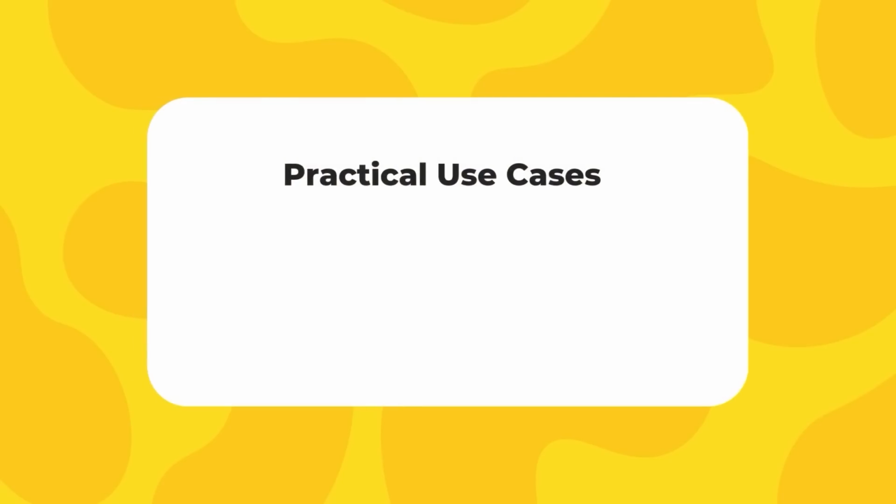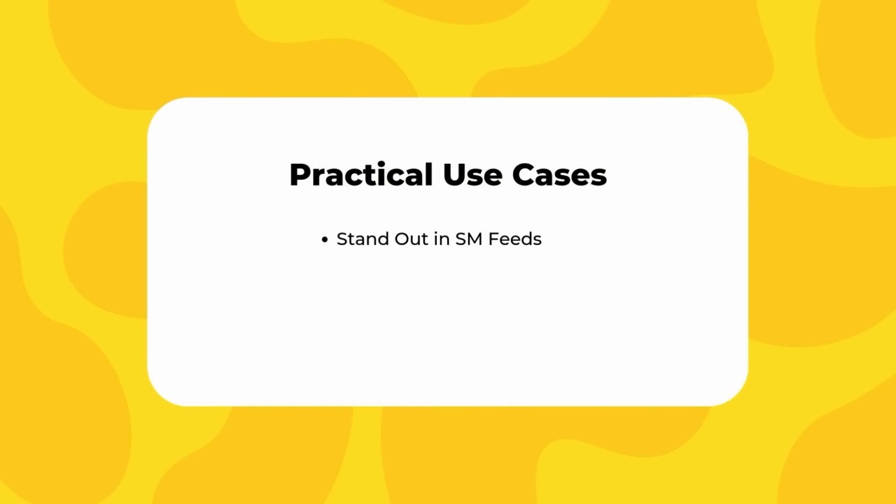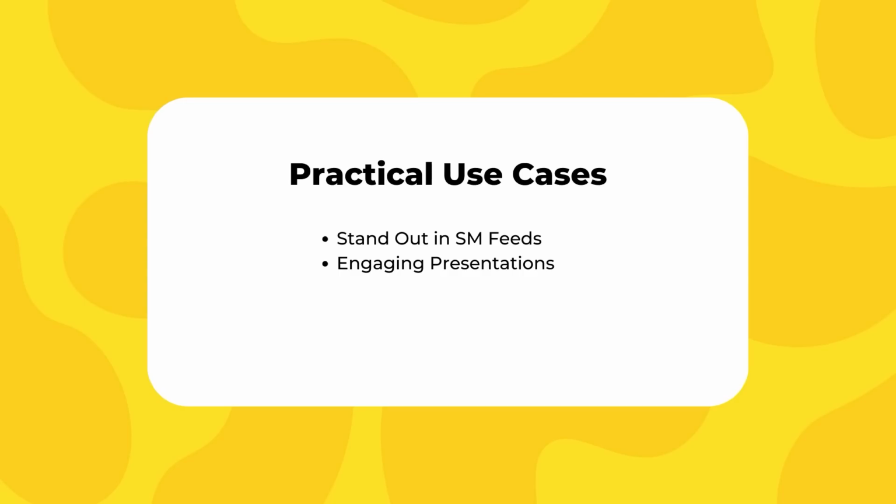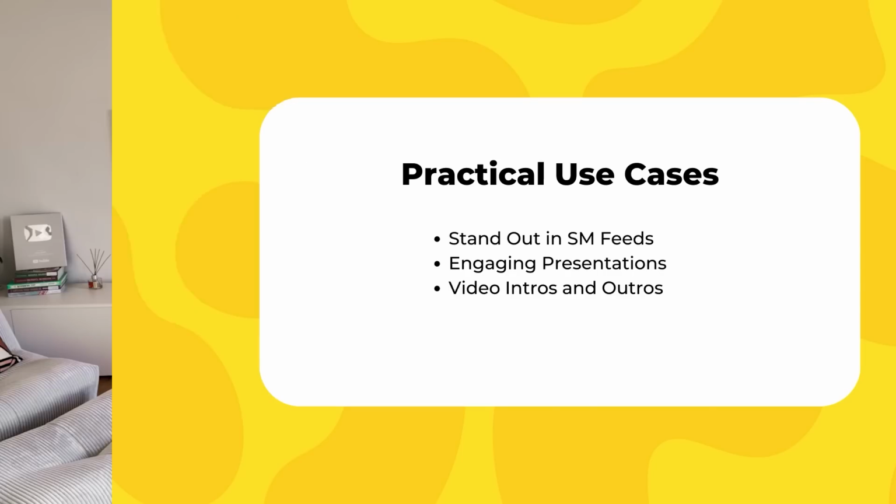So before I give you my verdict, let's go over some more practical use cases. We've seen the social media examples. To stand out in your social media feeds, it's always good to have some sort of animation that would catch people's attention out there. Engaging presentations with the animated bullet points. But you could also create very short video intros and outros for your short content, which could be great.